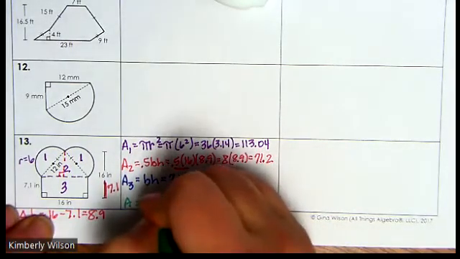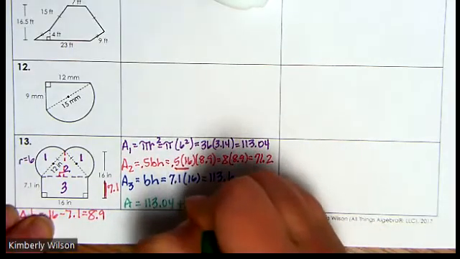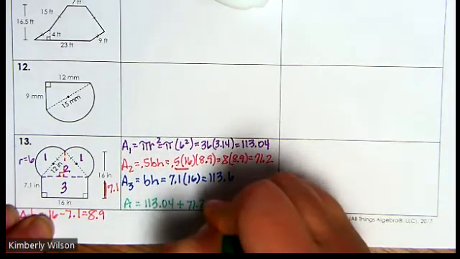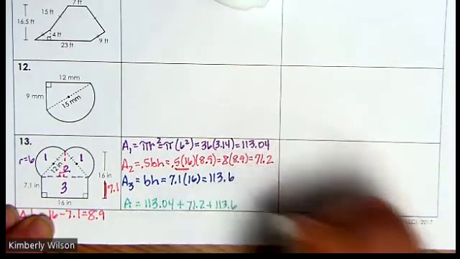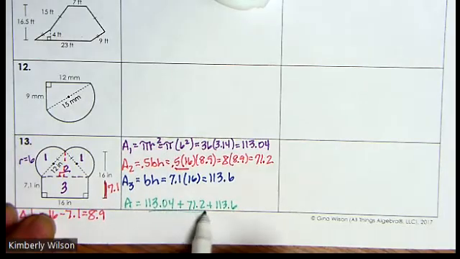So I have 113.04 plus 71.2 plus 113.6. Now, the last one, I did them all together just because I didn't have space. Technically, you can only add two things at one time. Plus 71.2, enter.